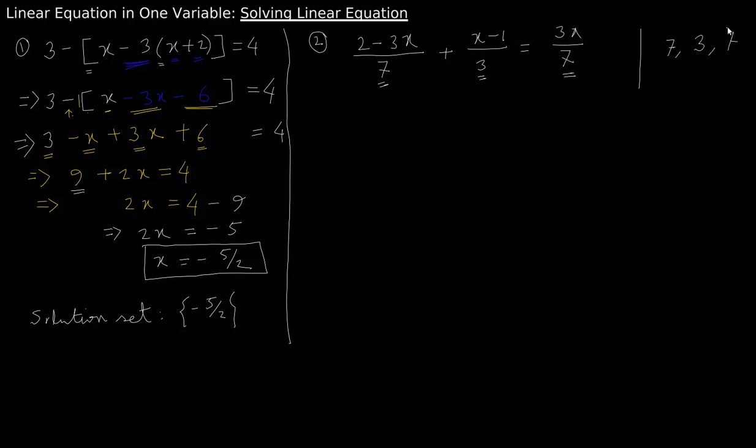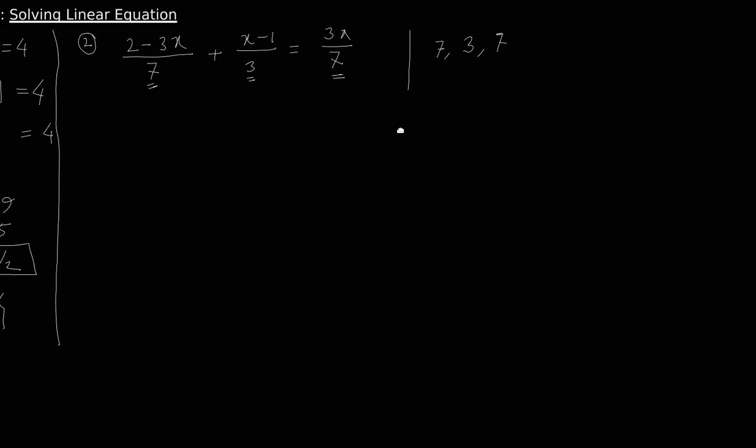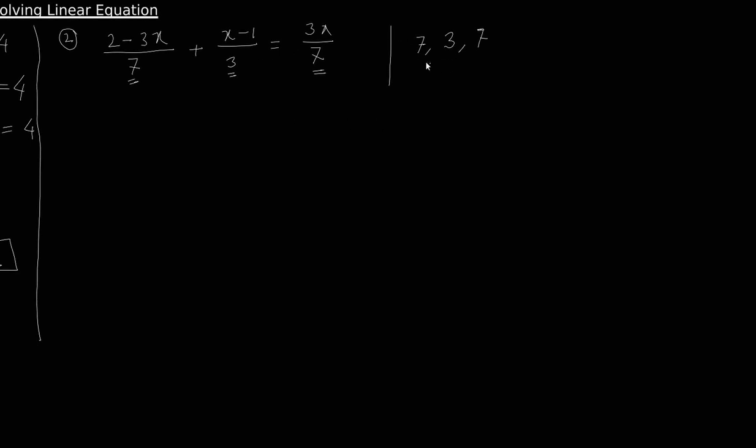Our objective is to find the least common denominator, sometimes referred to as LCD. Here the denominators are 7 and 3.